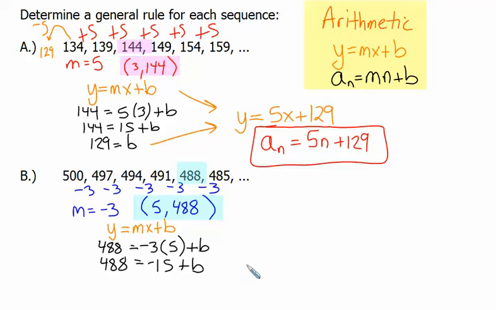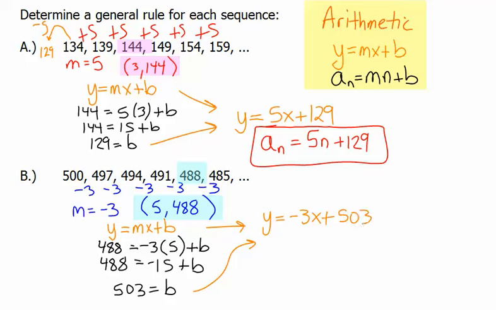and then when we go through and finish this off, 488 plus 15 gets us that b is 503. In Algebra 1, we would have written the line as y is equal to a negative 3x plus 503.